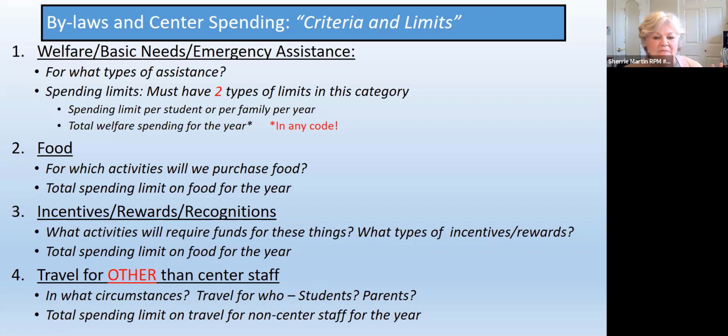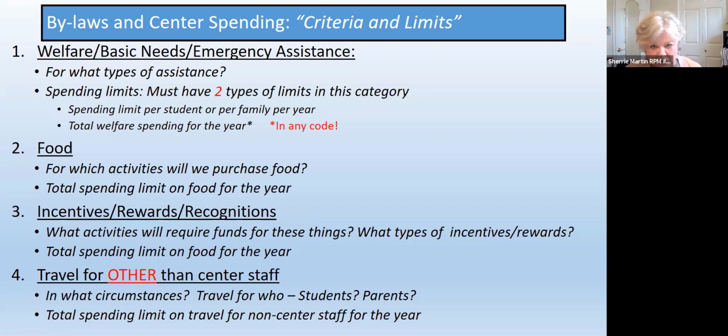Let me point out that in these 4 categories, your spending limits would be for any munis code where you're spending on food, welfare, incentives, or travel. For example, in the welfare category, you might be purchasing food for a family because they've come to you at 3:30 on Friday and said, we don't have any food for the weekend.